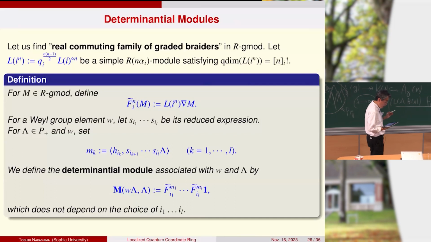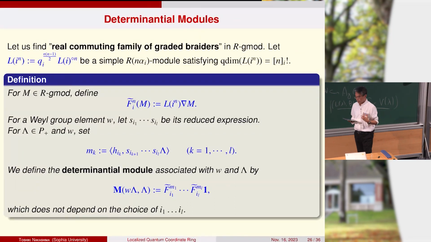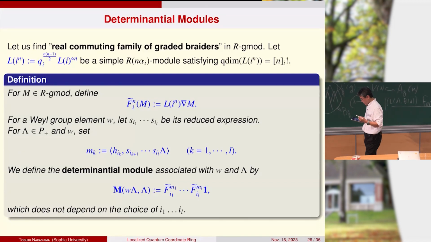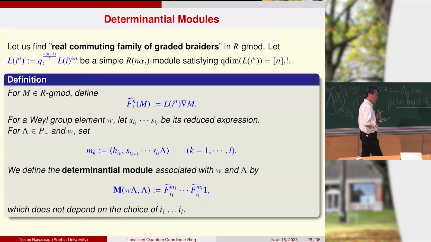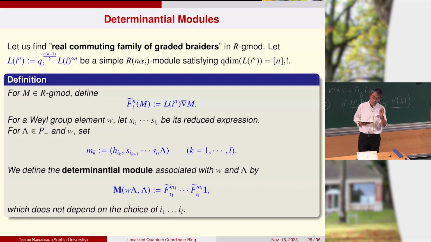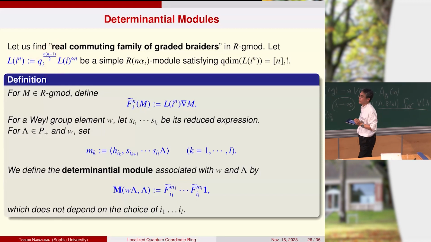And now we apply this to gmod. First of all, we need to prepare the modules Li to the n, defined like this. We consider Li, the one-dimensional simple modules, their n-times product, and some q shift, grading shift.